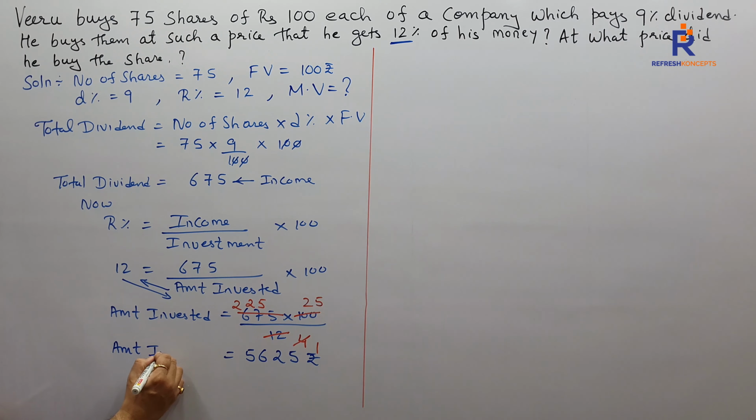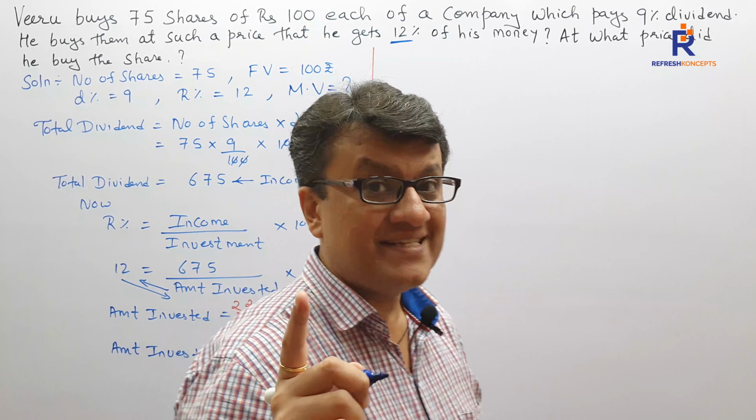So when I say amount invested, children, it is the amount invested for all the 75 shares.